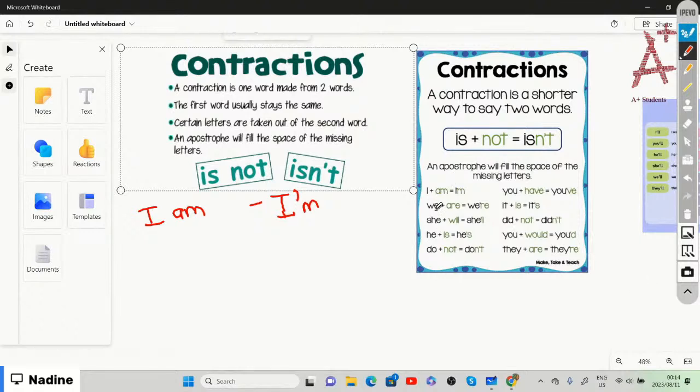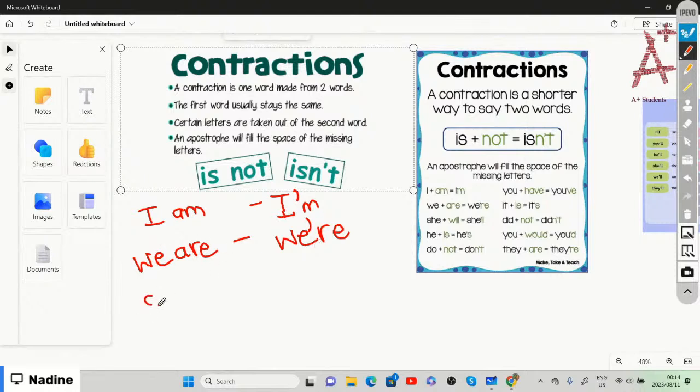Then we have we plus are, we are, and we shorten it by saying we're. And the A that we left out, we put the apostrophe over there. Because if you don't put the apostrophe in we're, it's going to be were. We were standing at the bus stop. And that is not the word that we want. We want contractions.